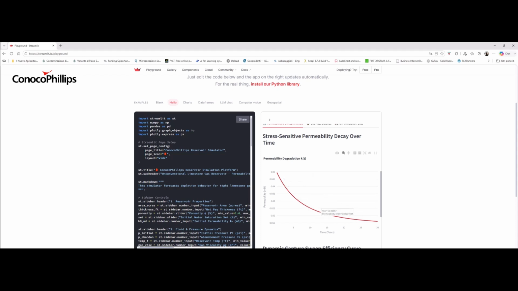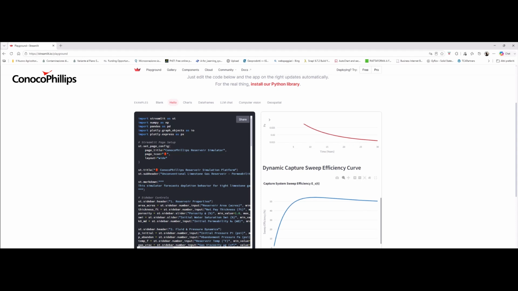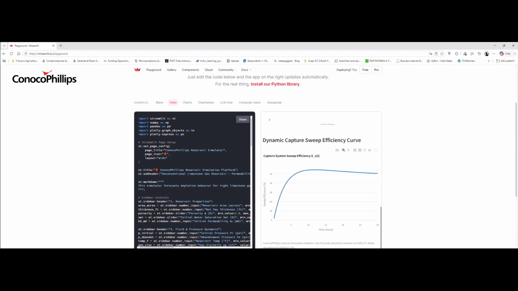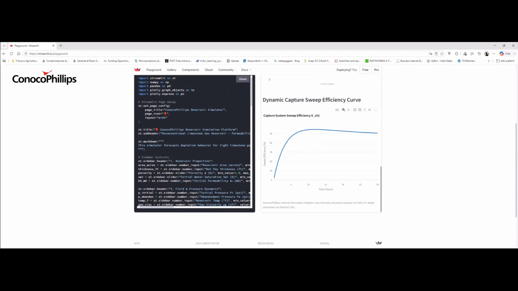You have the dynamic capture sweep efficiency curve, the capture system sweep efficiency, and the capture efficiencies and sweep efficiencies that will change, and you have the maximum efficiencies with this multi capture system.